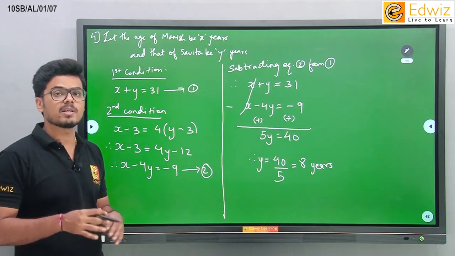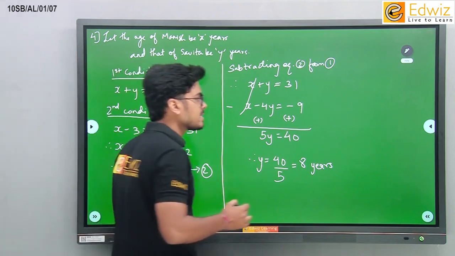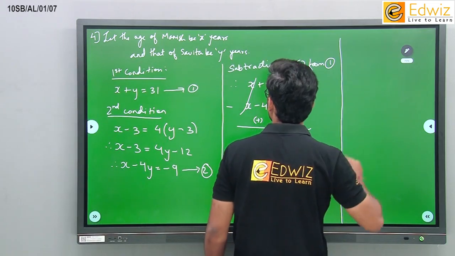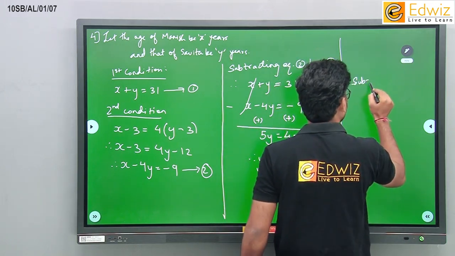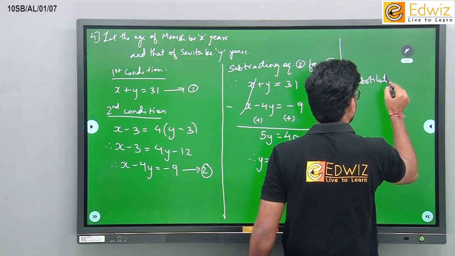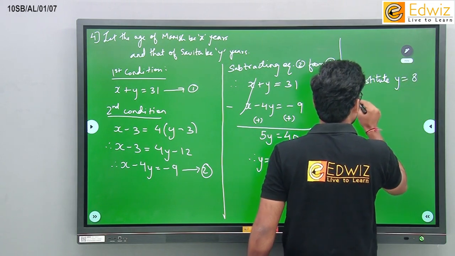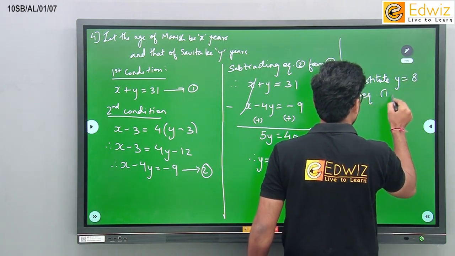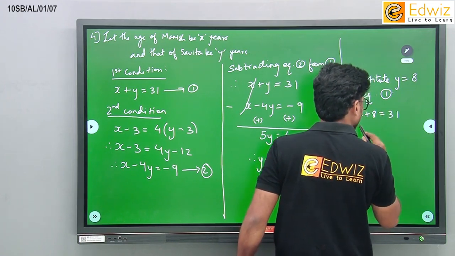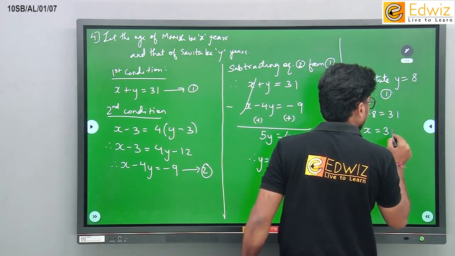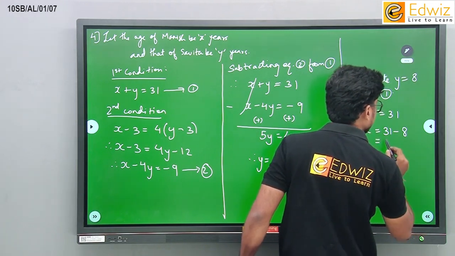What did we take y as? Savita's age. So what will be Manish's age? Therefore, substitute y equal to 8 in the first equation. Okay, so x plus 8 equal to 31. Therefore, x will be 31 minus 8, that is 23.